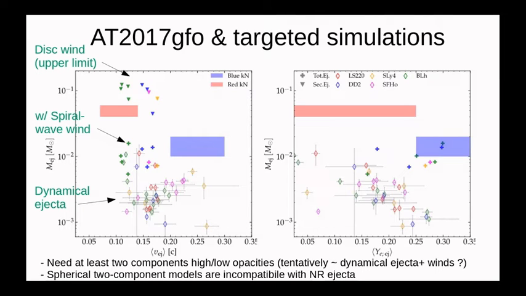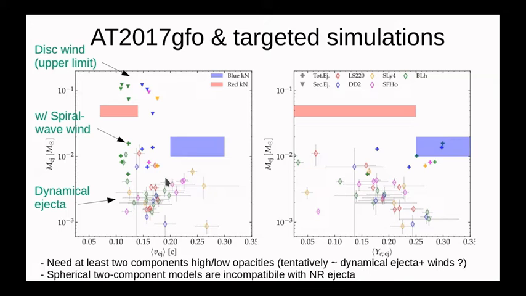As you can appreciate from this plot, it is not straightforward to interpret these 2 fitting components as originating from the actual dynamical and wind ejecta, because these are not compatible with what is predicted by the simulations. So for example, the dynamical ejecta that we simulate usually have too low a mass and velocity. The winds have too much mass and too low a velocity.